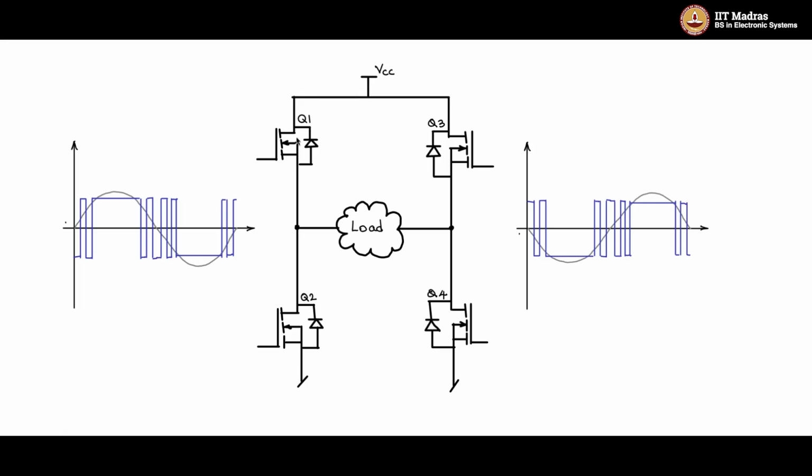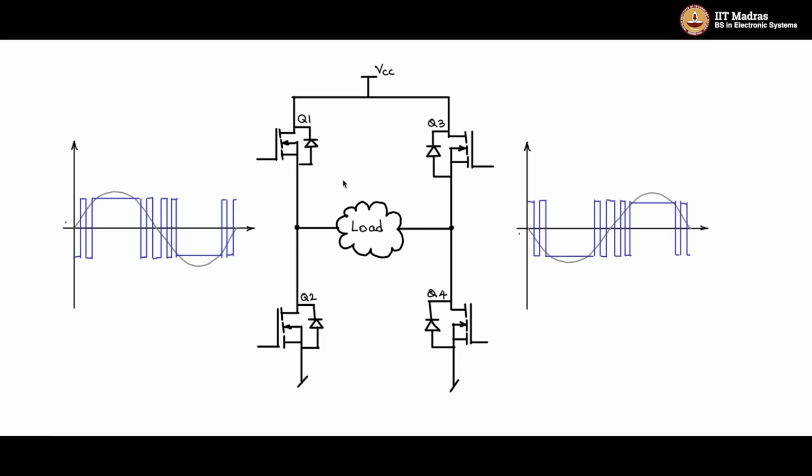So this shoot through can be pretty large because VCC is only impeded by the impedances offered by the device which is undergoing transition, Q1 and Q2. And this uncontrolled high current can lead to destruction of the device, and that is the reason that we don't want such a thing to happen.